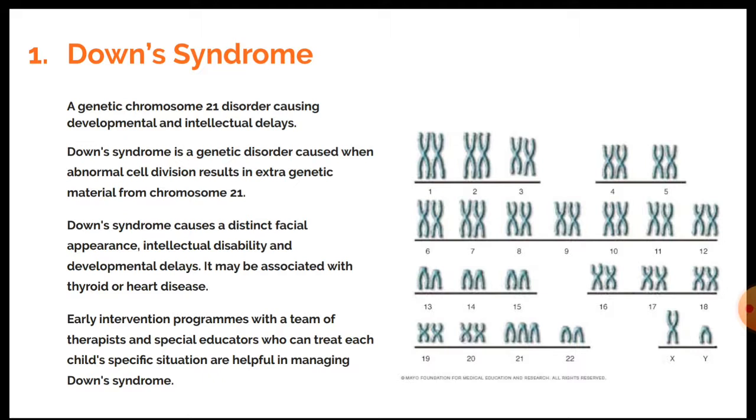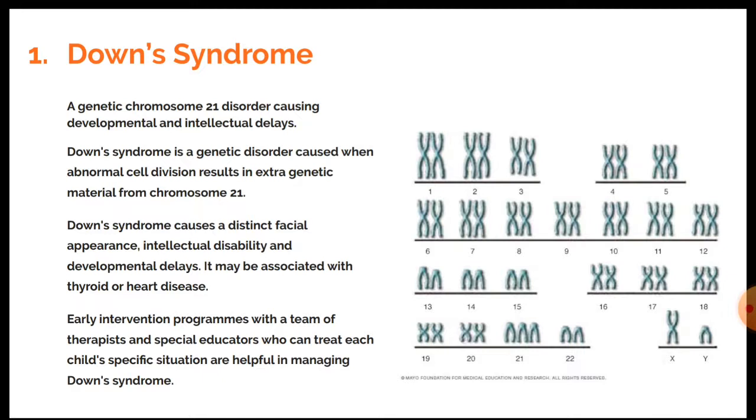Now, what is familial Down syndrome? This syndrome may run in the family. So, that is why the name given is familial. It arises by translocation of a large segment or the whole of chromosome number 21 to another chromosome.